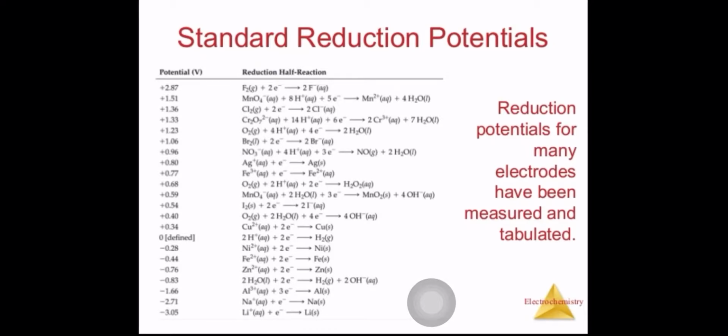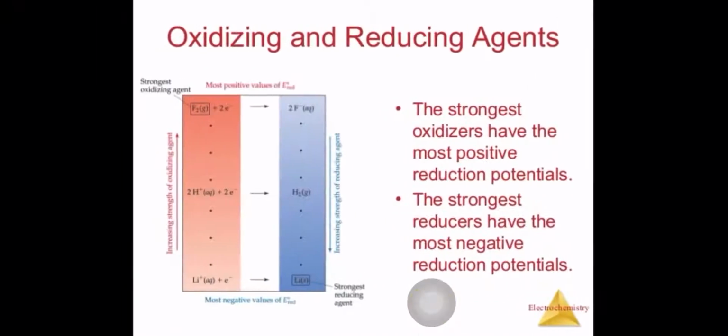Again, for your reference, for the oxidizing and reducing agents, F2 is the strongest oxidizing agent, the most positive value. Below, lithium has a negative sign, the most negative, so it is the strongest reducer, with the most negative electrode reduction potential.